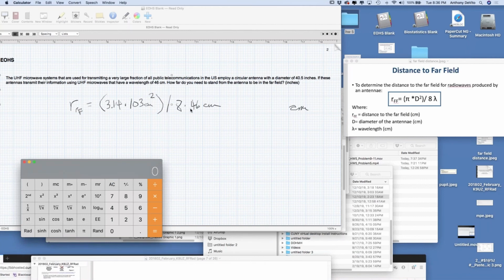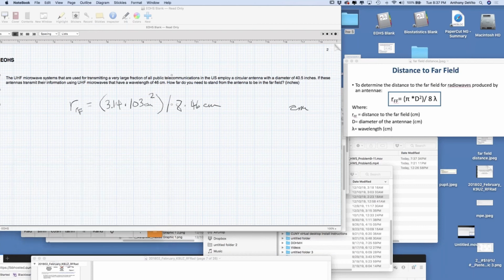Okay, so I'm going to do the denominator first. 8 times 46 is equal to 368. And I am going to put that into memory, clear this, and then I'm going to do my numerator. 103 squared is 10,609 times 3.14 is equal to about 33,000, divided by my denominator, recall my denominator, and it comes out to 90.52.